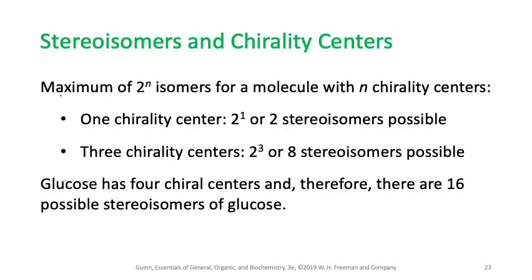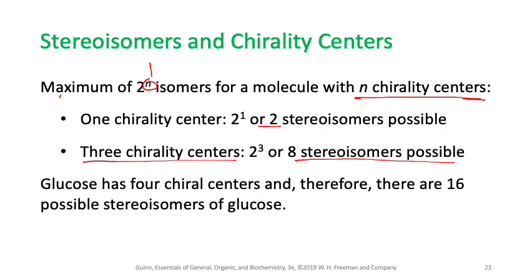Let's say, how many maximum number of isomers can you make for a molecule with n chiral centers? If you have just one chiral center, how many stereoisomers are possible? 2 to the power 1, which is 2. If you have 3 chiral centers, then 8 stereoisomers are possible, whether it's an enantiomer or diastereomer.